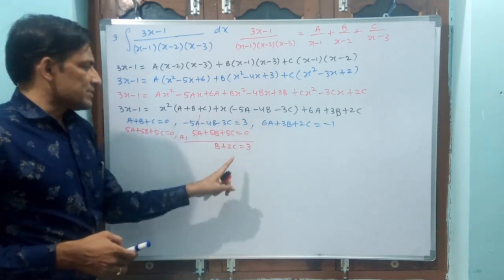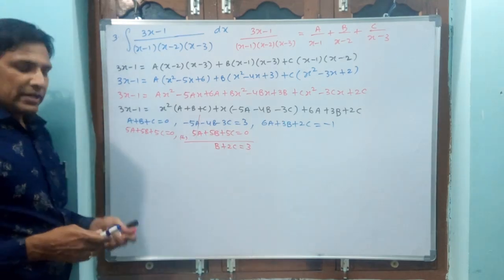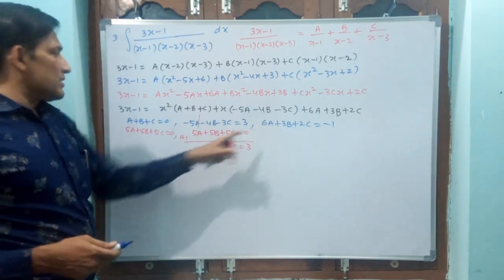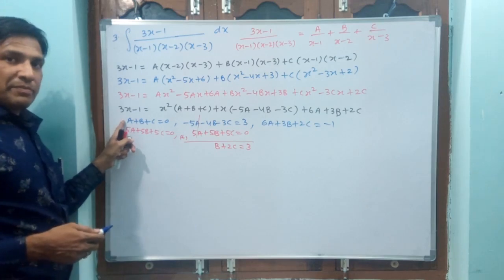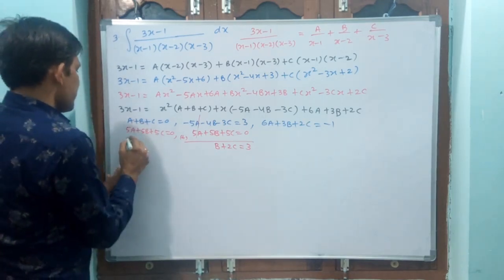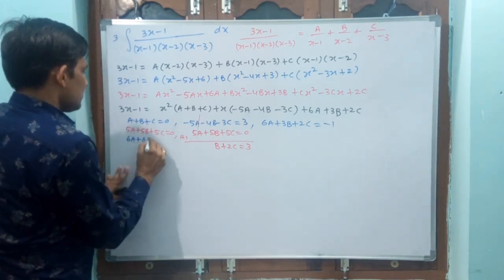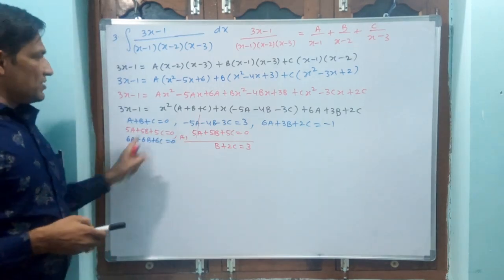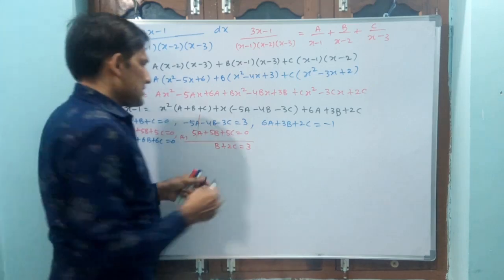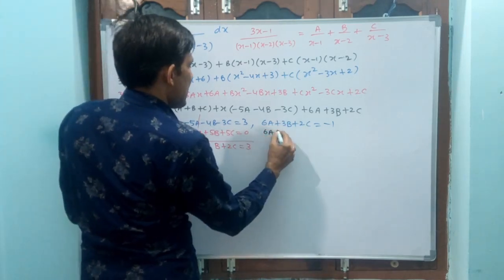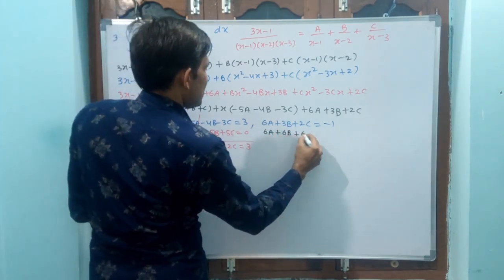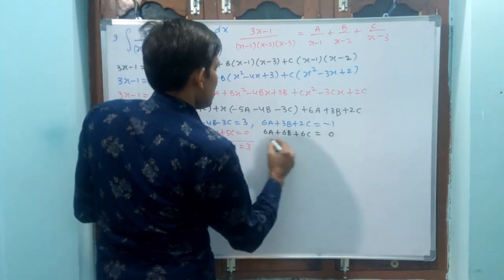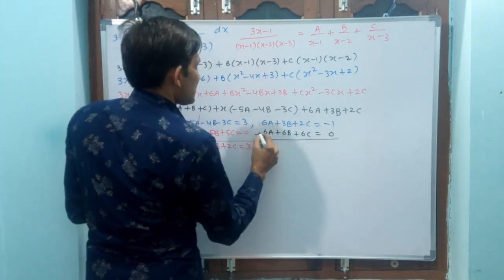First line 3 equations, second line 1 equation, another equation you have to get. How are you going to get another equation? Multiply this a plus b plus c again by 6: 6a plus 6b plus 6c is equal to 0. Okay, this you again subtract here rather than adding. Now here subtraction you have to do.